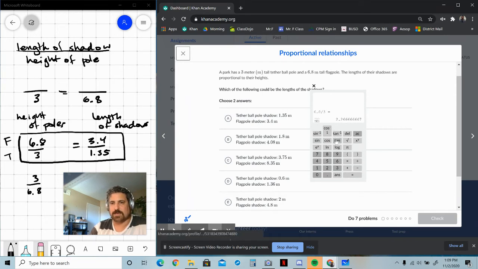Let's see what happens on the next one. 4.08 divided by 1.8. Oh, that looks good. That's the right one, so that one definitely works. Now, it says choose 2 answers, so one of them is going to be B. Let's check the other one. 8.35 divided by 3.75.